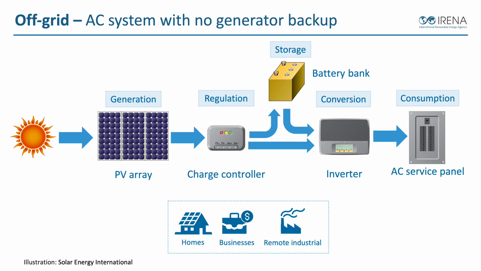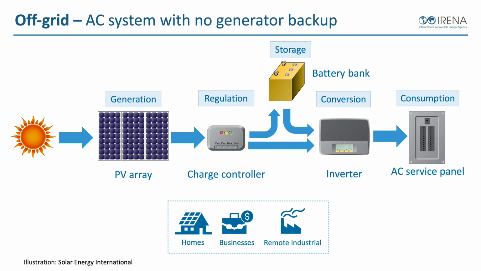We run it through a charge controller. We can store that energy in our battery bank. And then we can also take that energy either from the battery or the solar or both at the same time. And we can run an inverter that turns our DC electricity into AC electricity to run to our AC distribution or AC service panel for our AC electrical consumption.